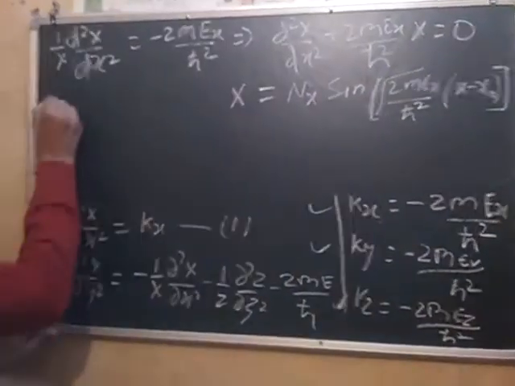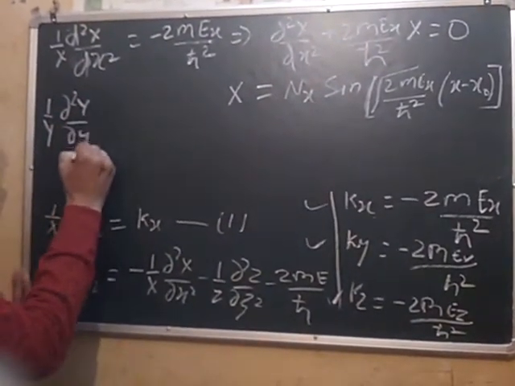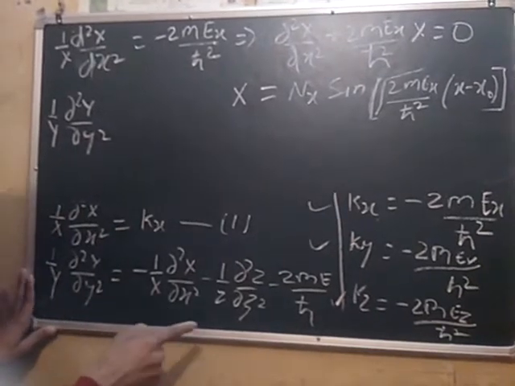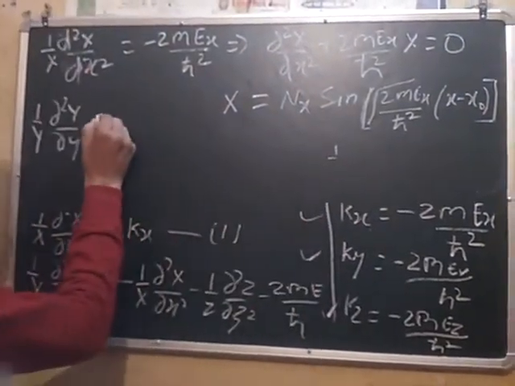We may write for y, and it is 1 upon y del 2y upon del y square. It was equation 2, that is equal to ky.